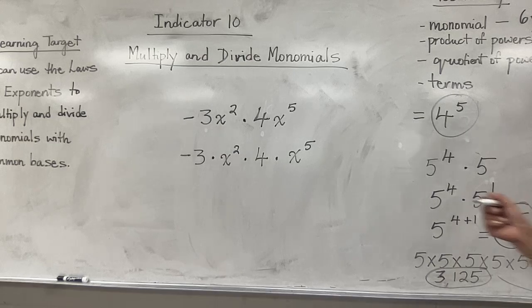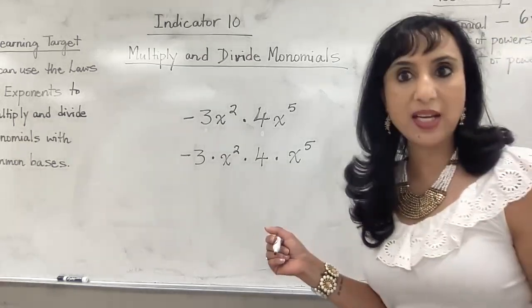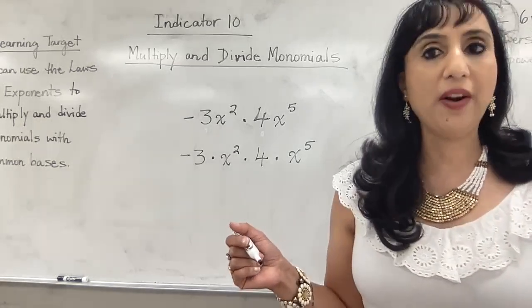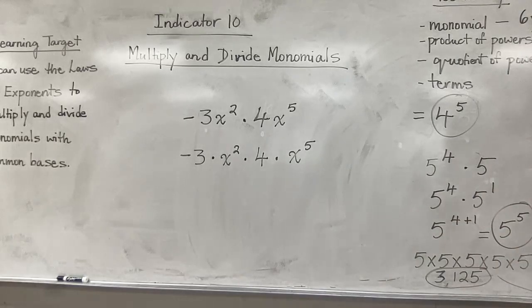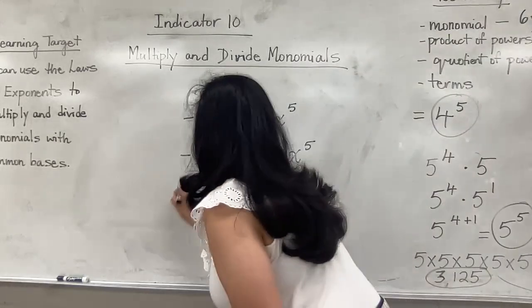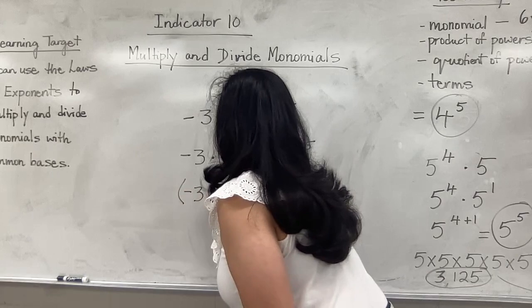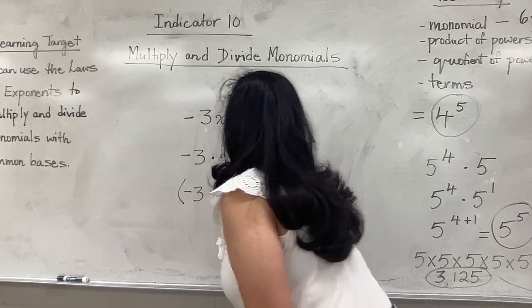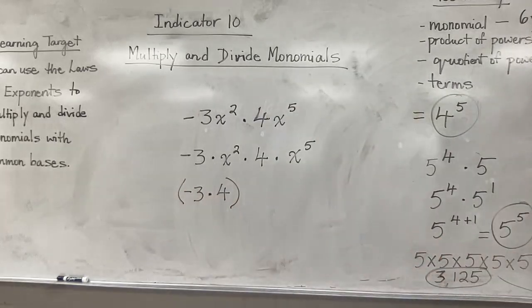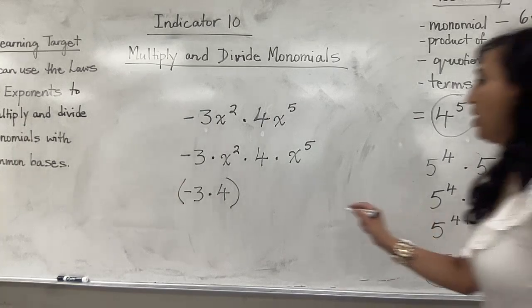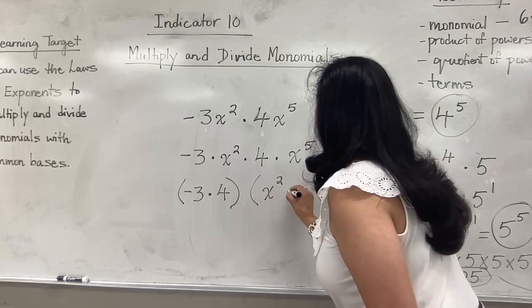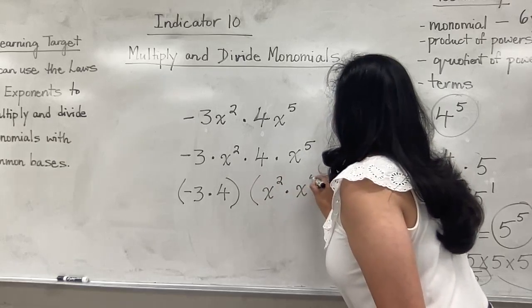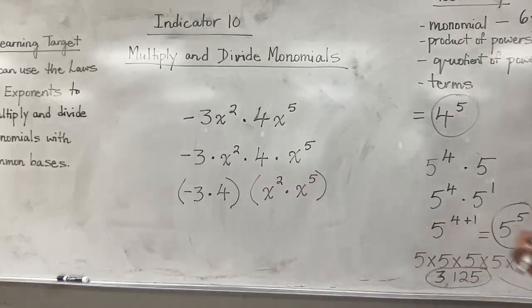I am going to group the coefficients together and I am going to group the variables together. So I'm going to do -3 times 4, and then the variables, which is x squared times x to the fifth power. I'm going to write it out like this so that you can see what I'm doing.